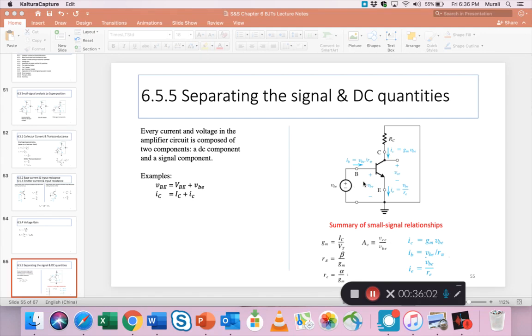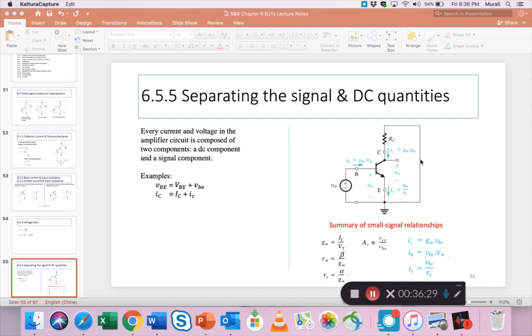Why? Because it's missing the biasing details, right? So if you just had this circuit with maybe a 1 or 2 millivolt signal generator here and nothing else, the circuit will never work, right?